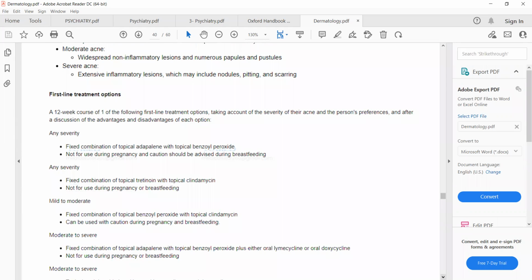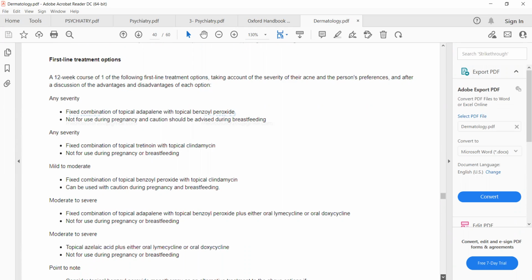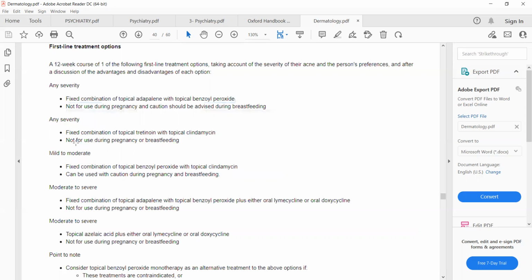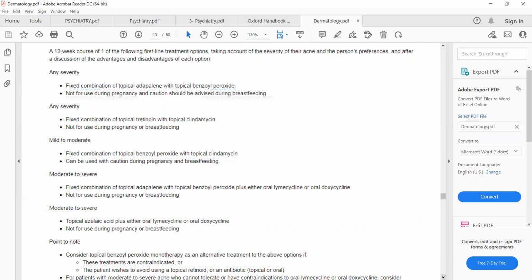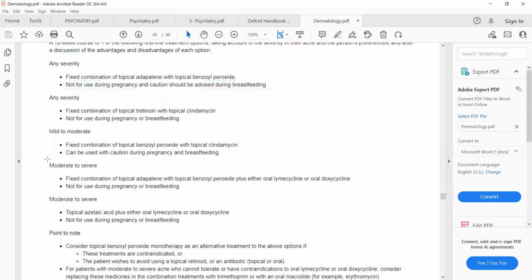So depending upon the severity of the acne, we can decide the treatment. For mild to moderate acne, we can use a fixed combination of topical benzoyl peroxide and topical clindamycin. We have two options for moderate to severe acne.